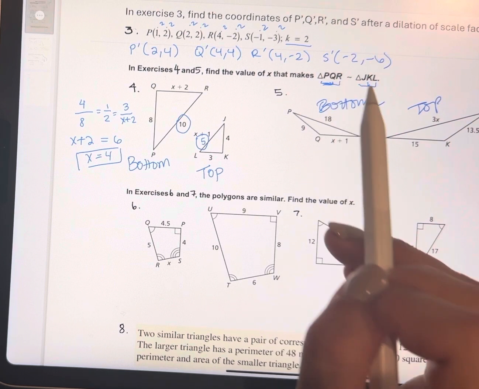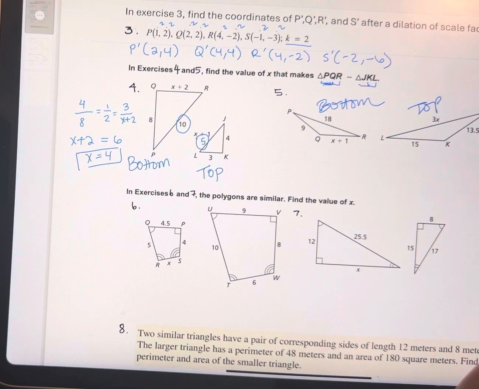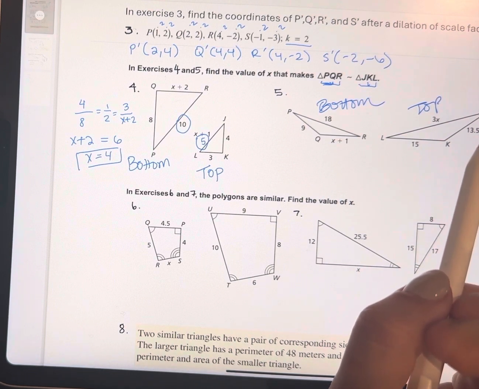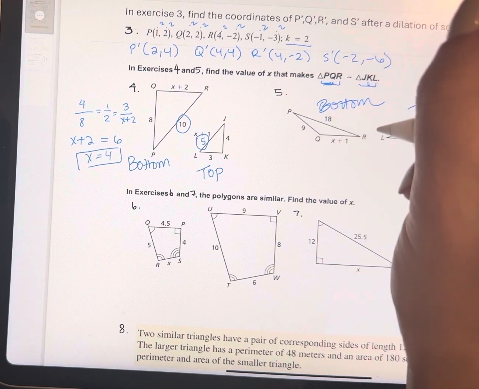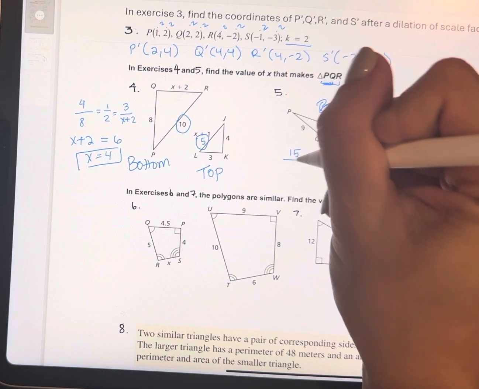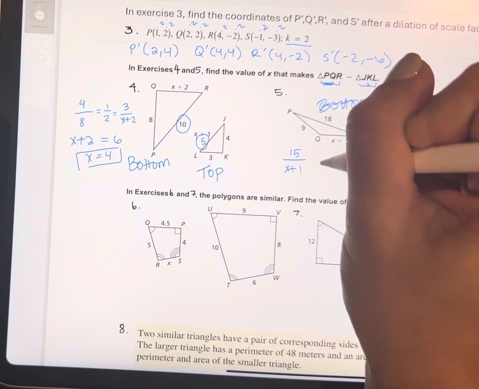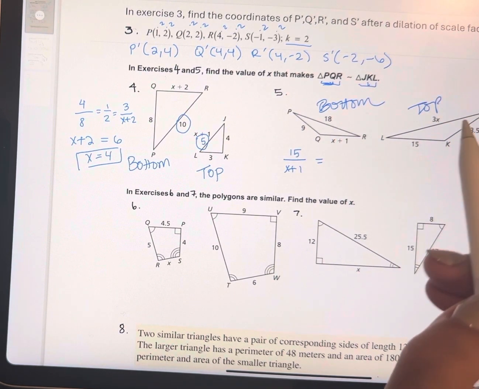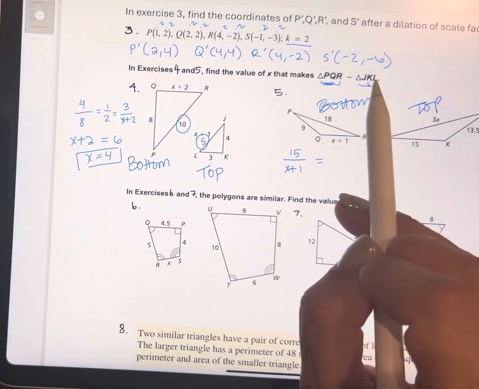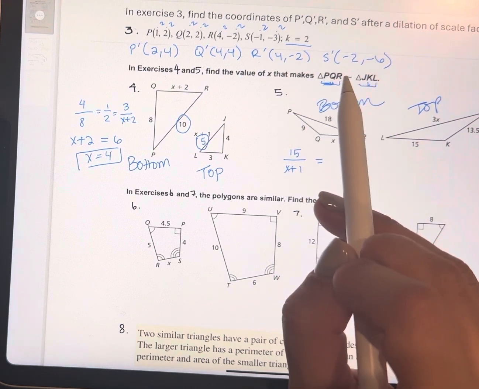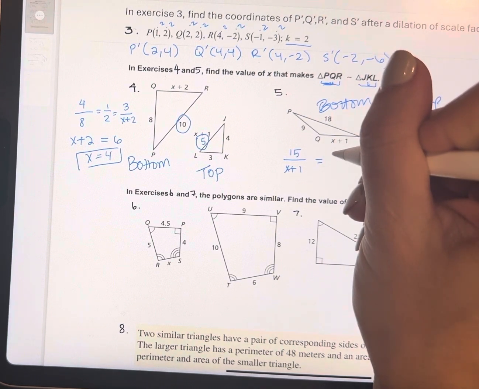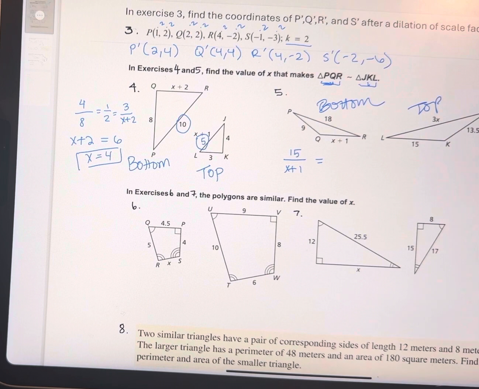That would correspond to RQ. Let's set it up. Let's go 15 over x plus 1 equals, and then I can try using LJ and PR. Yeah, no, I don't want to do that because then I'm going to get x squared.